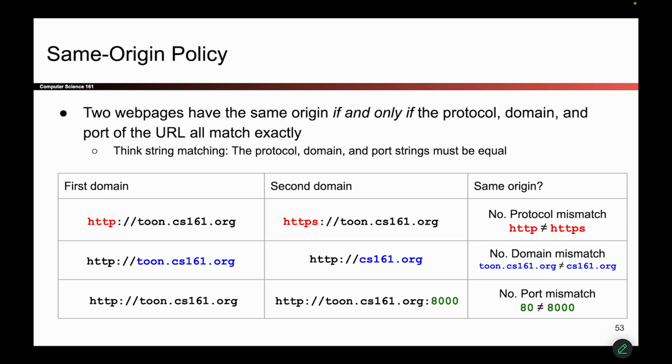But this is kind of an awkward fix, to be honest. For example, maybe tune.cs161.org is actually operated by the same people as cs161.org. So maybe you might say, actually, I think these 2 should be able to communicate with each other and tamper with each other's data because they're owned by the same organization, I think. But unfortunately, the browser has no way to know that for sure.